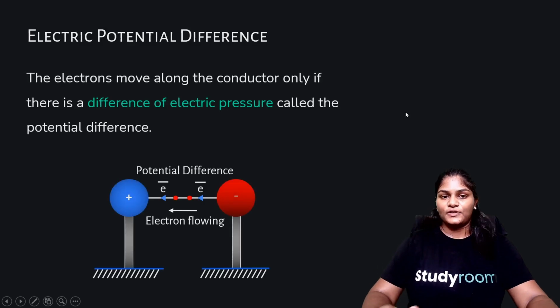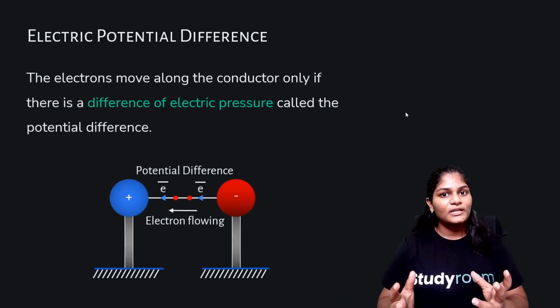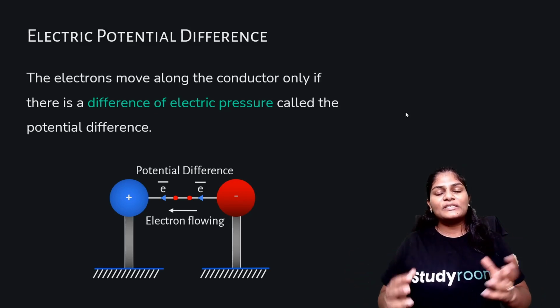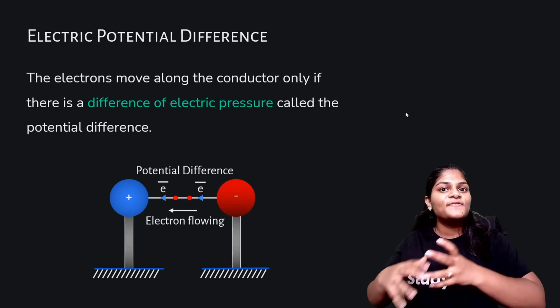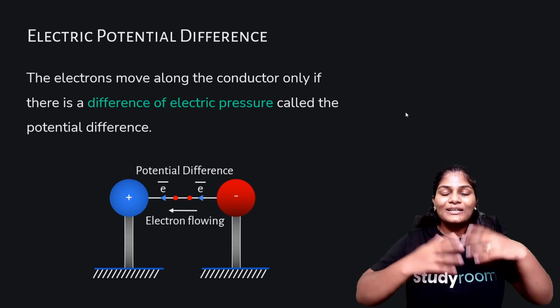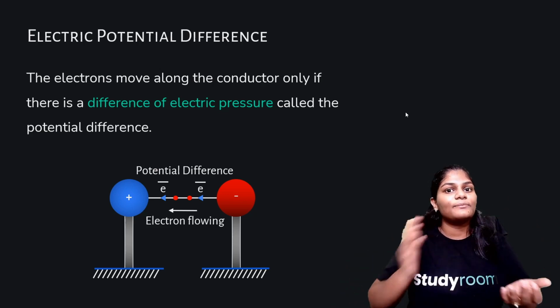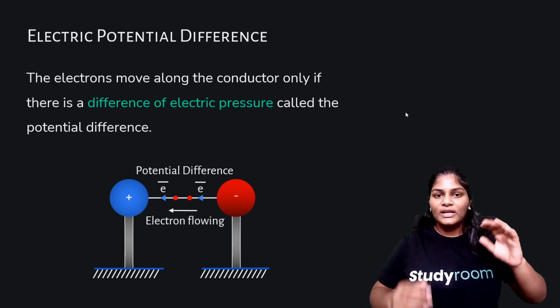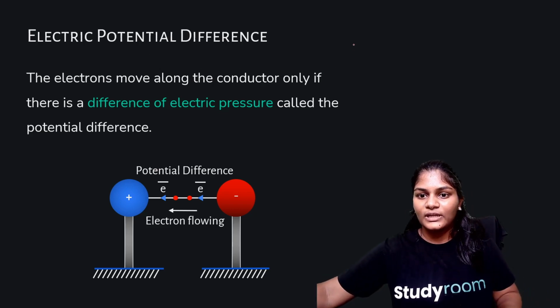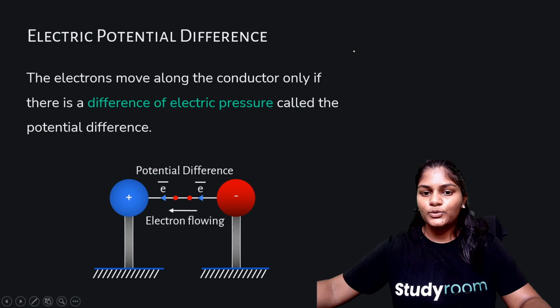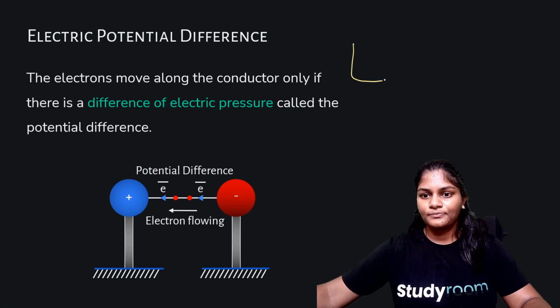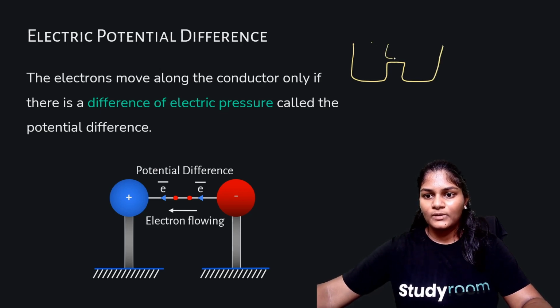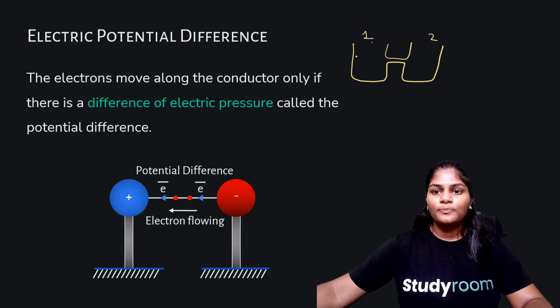So, electric potential difference. What exactly is potential difference? I'll explain it to you first, then we'll read from your PPT. You must have seen that something can flow only when there is a difference between the two places it has to flow from. If there are two tanks connected like this, this is tank 1 and this is tank 2, with a little pipe as the connection between them.